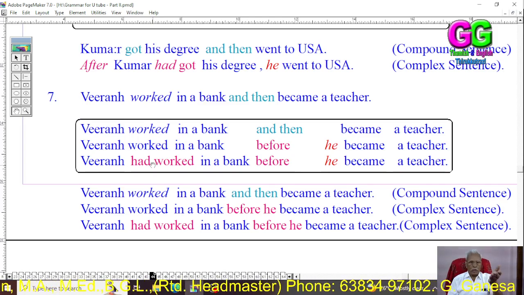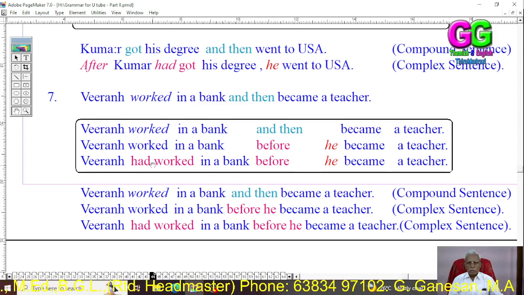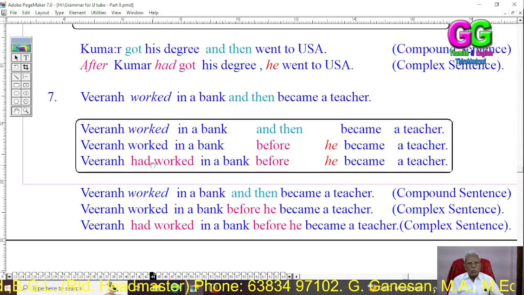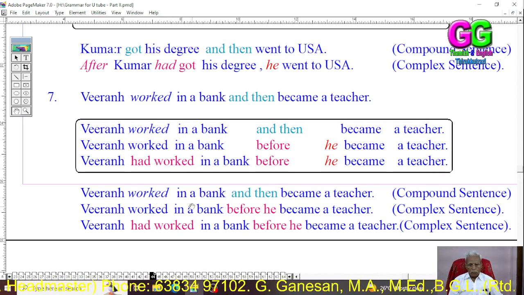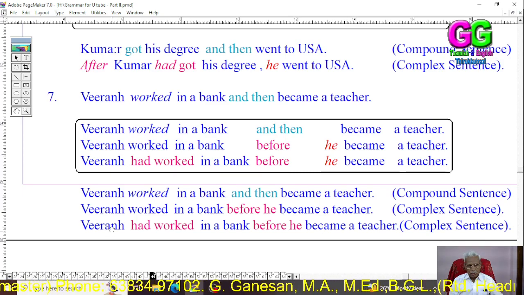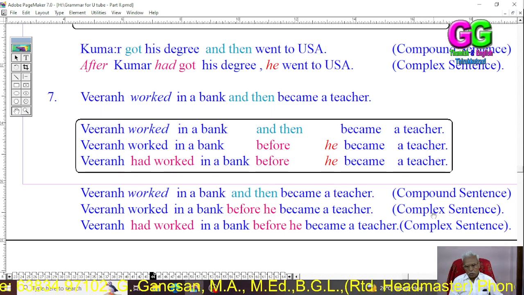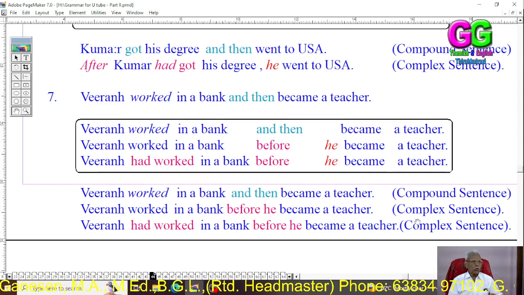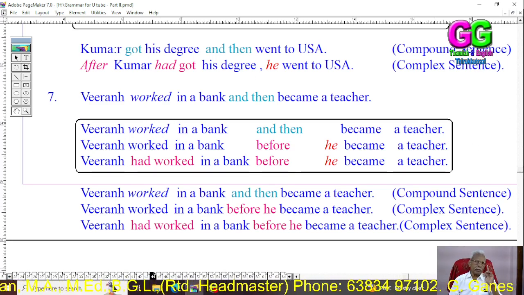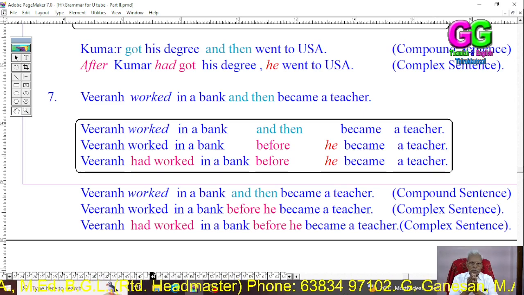In any one of the two ways, we could express this idea. Compound: Veeran worked in a bank and then became a teacher. Complex: Veeran worked in a bank before he became a teacher. You should bear in mind this regarding the time clause.